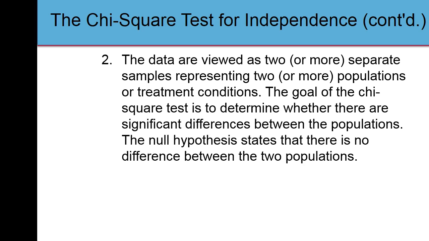The second perspective is that the data are viewed as two or more separate samples representing two or more populations or treatment conditions. The goal of the chi-square test is to determine whether there are significant differences between, or in the case of three or more, among the populations.